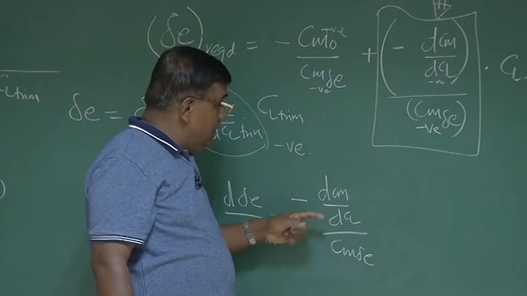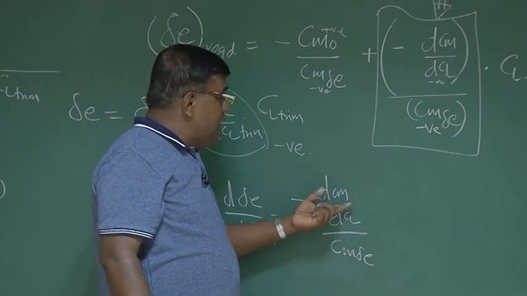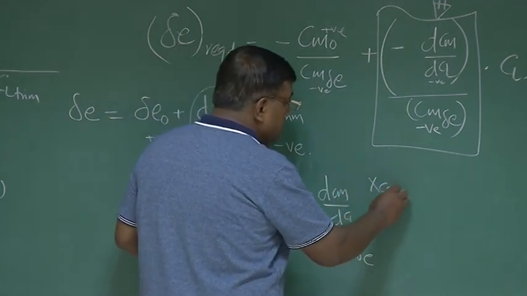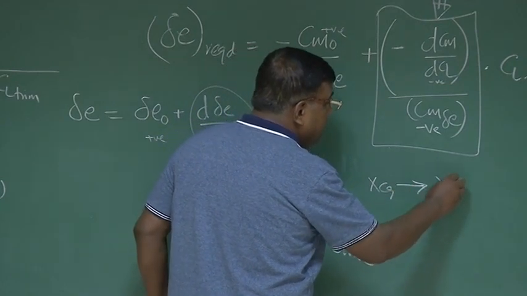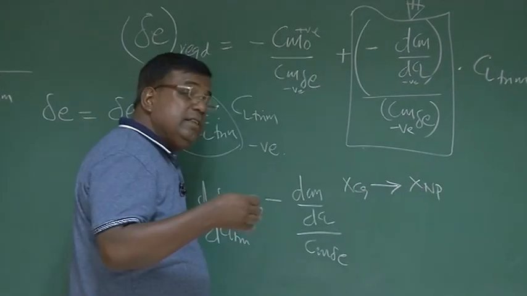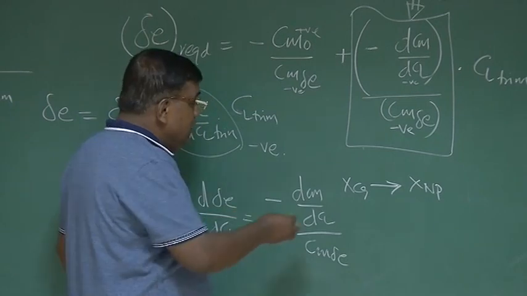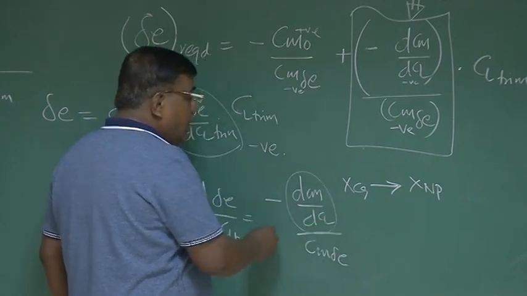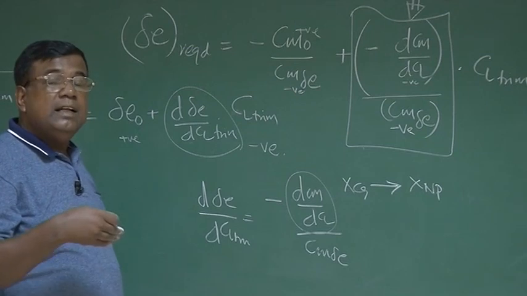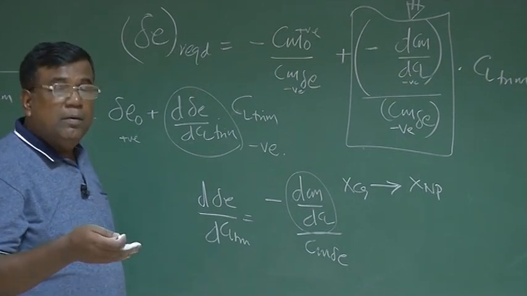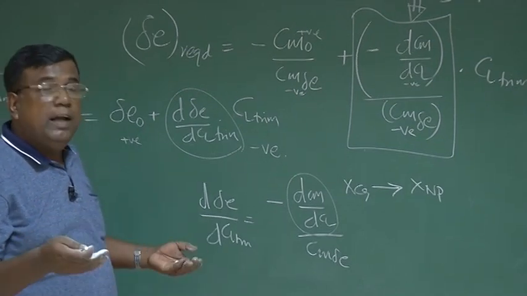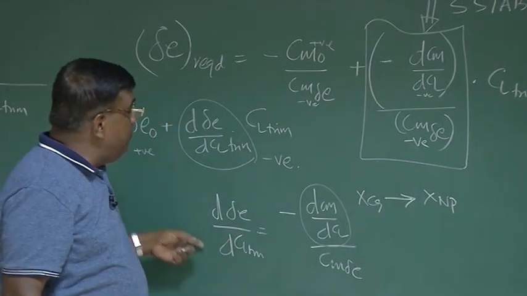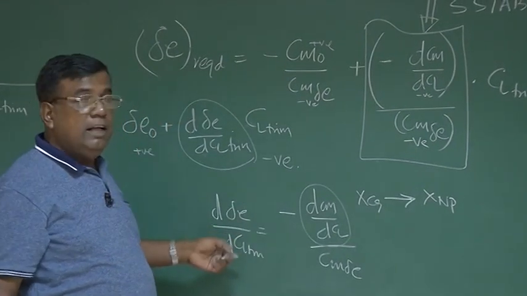Is this part clear? As XCG goes towards the neutral point, it becomes less and less statically stable, so this value becomes less negative, minus 0.1 to minus 0.05, like that. So your slope also will become less and less negative.